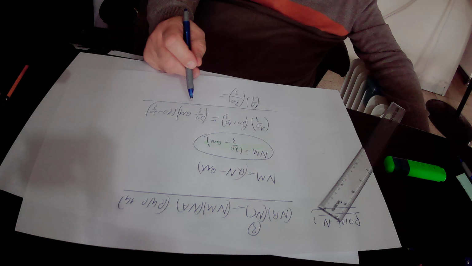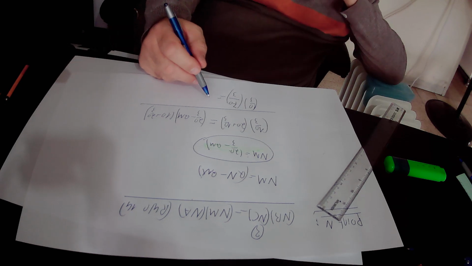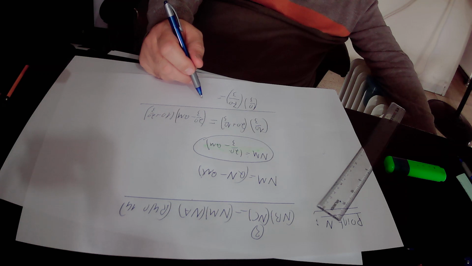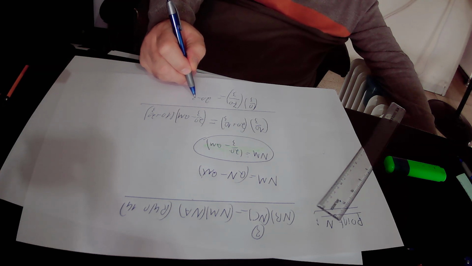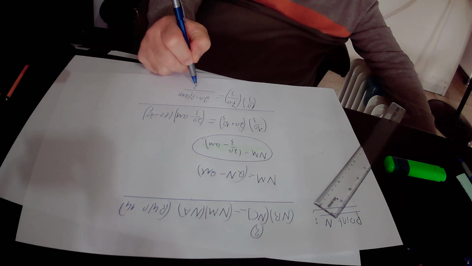Here we multiply minus QM by 3 and divide by 3 in order to have a common factor with 20 over 3. And we get that minus QM times 3 is minus 3 QM. So in the numerator we have 20 minus 3 QM over 3.